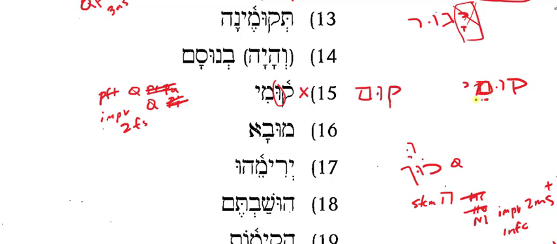But the accent on infinitives, when you add the pronominal suffix, is always going to shift towards the pronominal suffix. So it would be qumi. And that would be the Qal infinitive construct with a 1CS pronoun. Okay? So good question. My standing up. My arising.